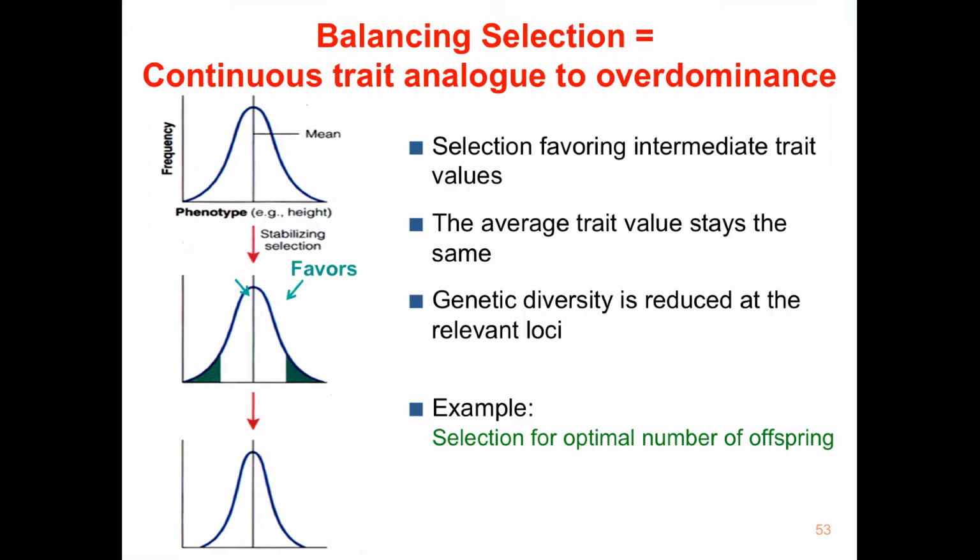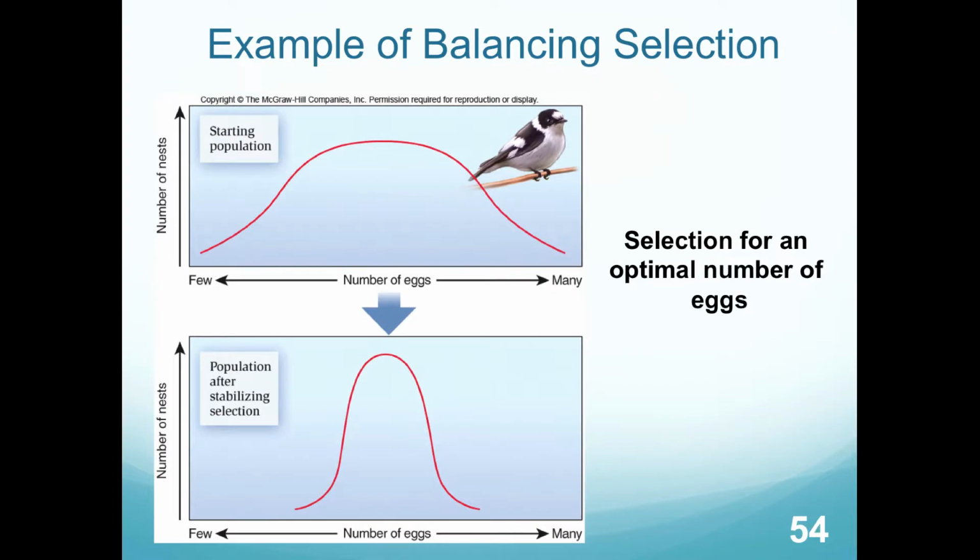So the continuous analog to overdominance, when we're talking about a continuous trait, is having selection on both sides of the normal curve. That tends to narrow the normal curve towards the mean value. Selection for some optimal number of offspring is an example of balancing selection.